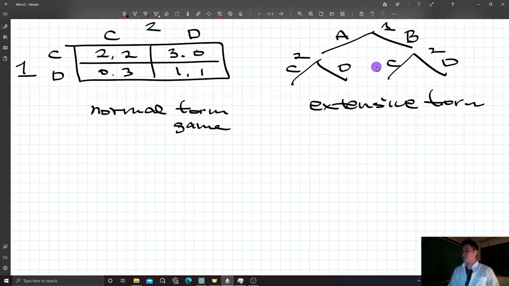Okay, like this one. So these two are two building blocks in non-cooperative game theory. Now, the central solution concept in non-cooperative theory is Nash equilibrium. In Nash equilibrium, we assume each player makes a decision so as to maximize their own utility.